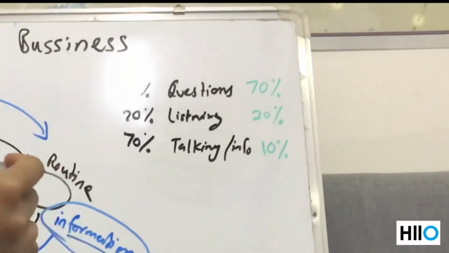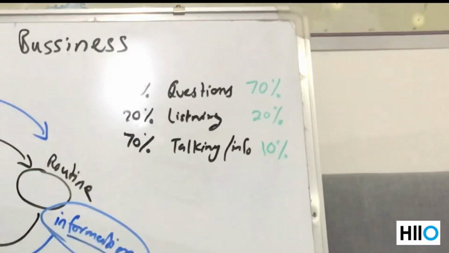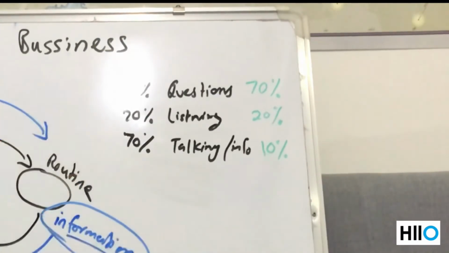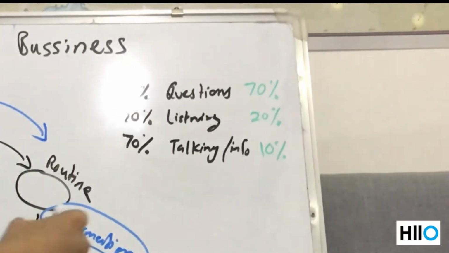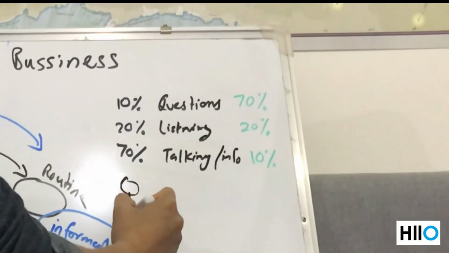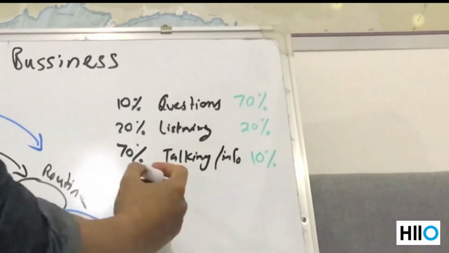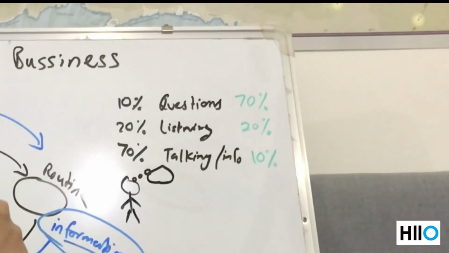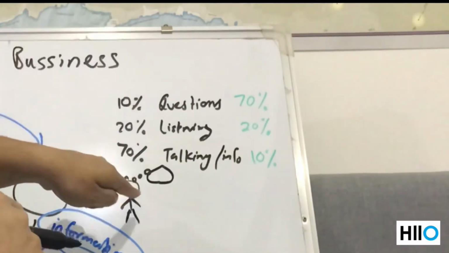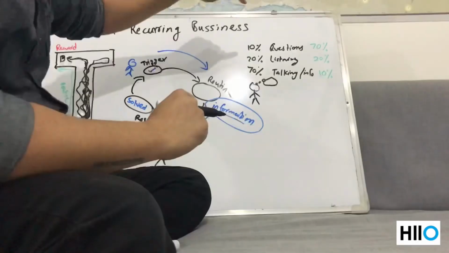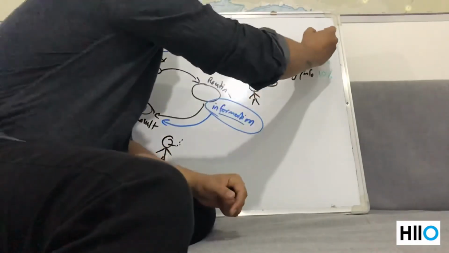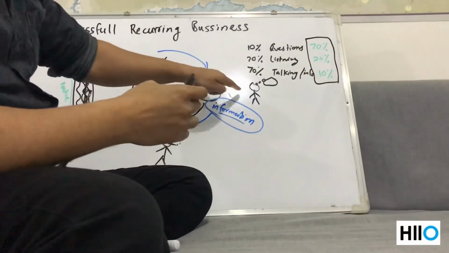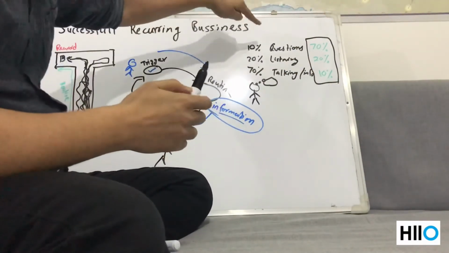How does this work? This distribution of time makes your customer think hard about their problem. When they think hard about their problem, and you keep asking them questions for 70% of your interaction time, they will realize that you are really interested in their problem.